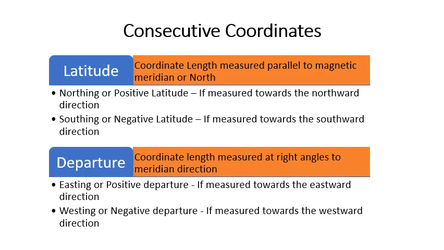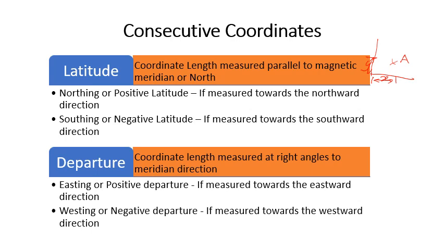Just like a point A is represented through its x coordinate and its y coordinate, in surveying we can define two parameters or two distances which are very similar to x and y, and they are called latitude and departure.